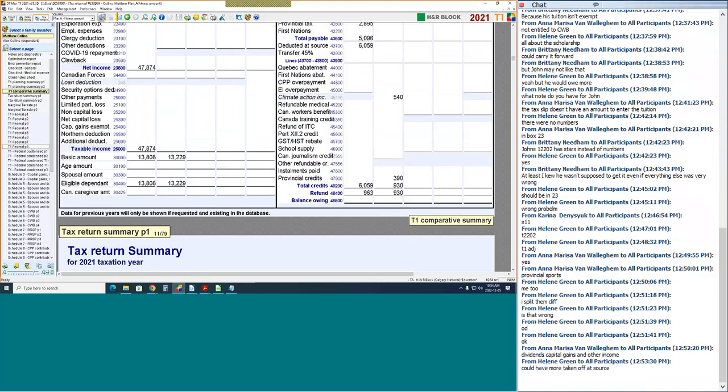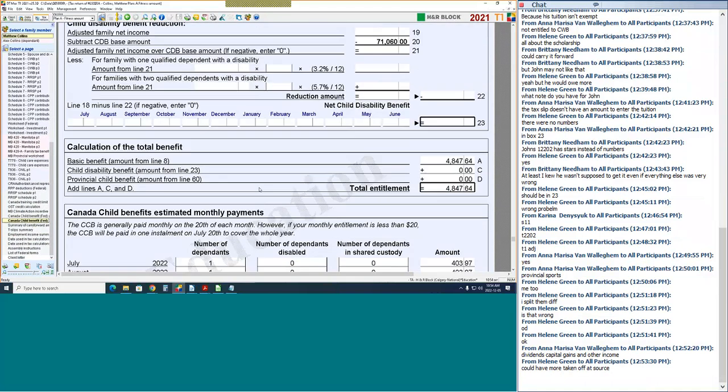This year, he's also going to get climate action incentive, and he's going to get some Canada Child Benefit. So when you add all of that together, that's also beneficial to him as a single parent. So it's always good to look at the whole return and see what they're going to get, not just from filing for the refund or balance owing, but also the additional benefits.